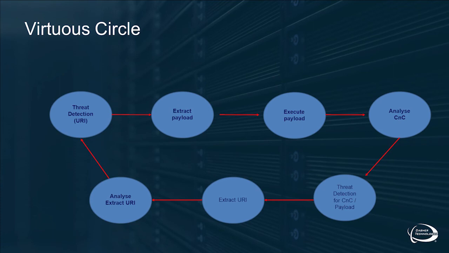I just want to share an example of how you could use your threat detection systems to complete the circle and form a threat hunting process. You start with your threat detection.